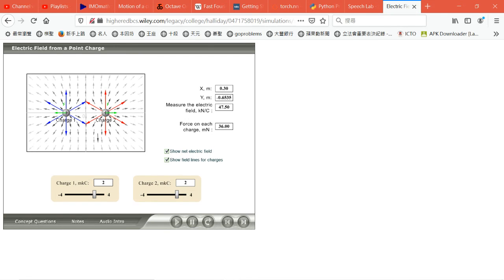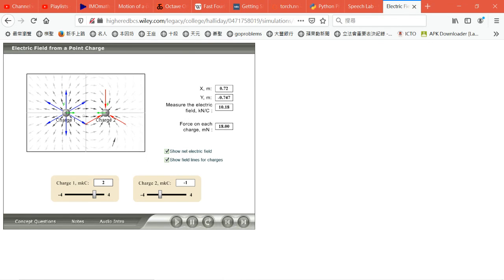then okay, you can see the electric field lines. If both of them are positive charges, they should be somehow like this. If one of them is positive and the other is negative, you can see that the electric field line is somehow like this.